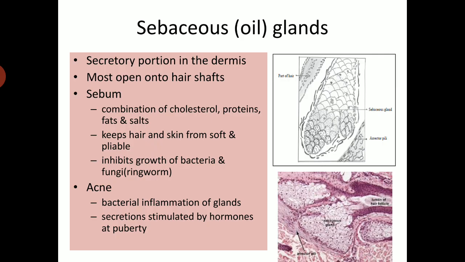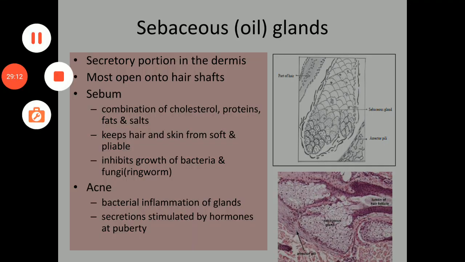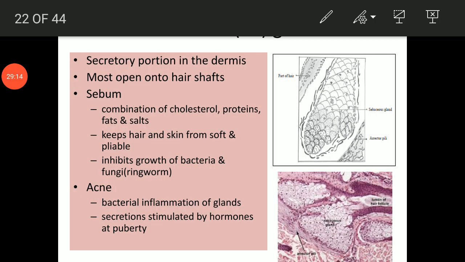Next is the sebaceous glands. These sebaceous glands are embedded in the dermis. Although they empty into the hair canal of the hair follicles, it is not visible clearly.